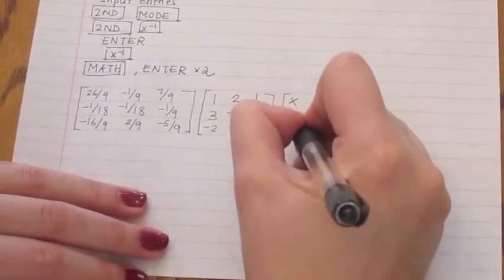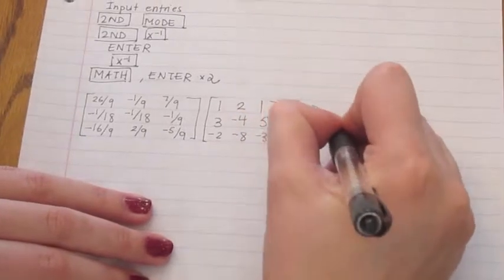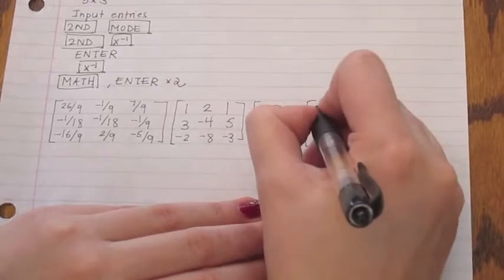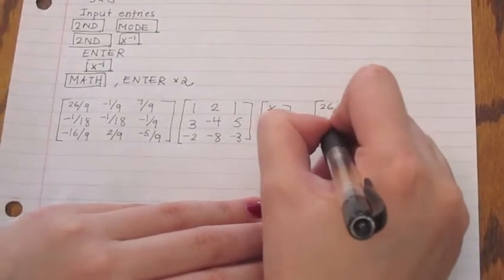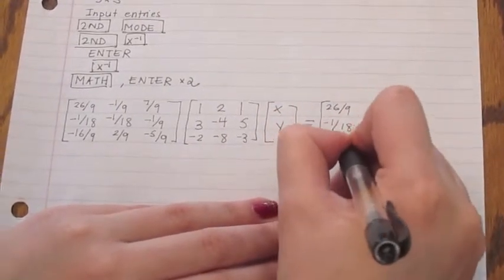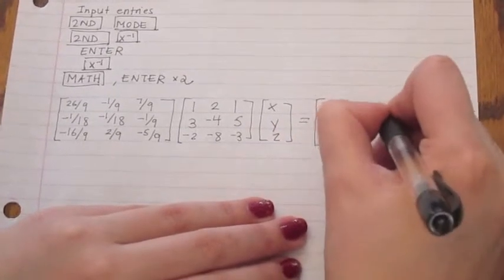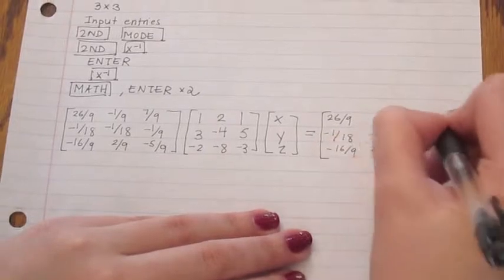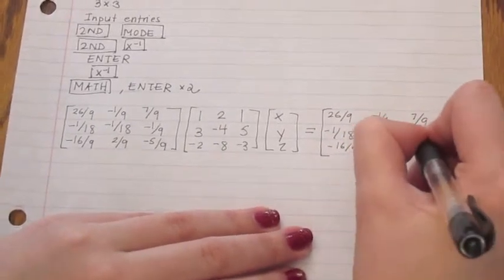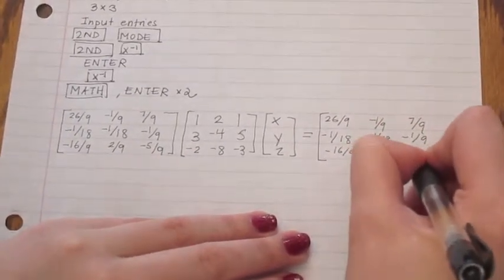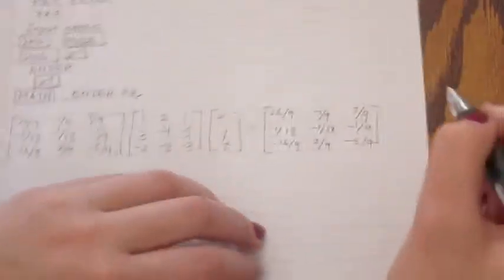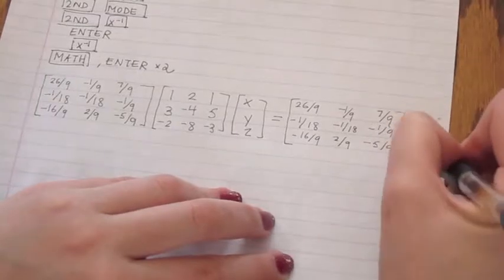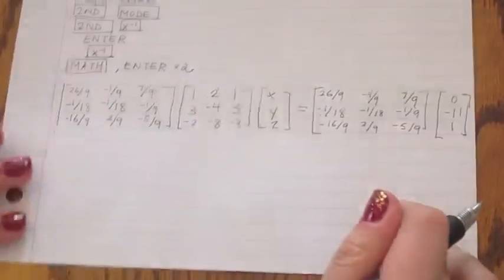My column vector of variables equals the inverse again because I'm multiplying on the left side. So I'm just rewriting it by multiplying on the left side.